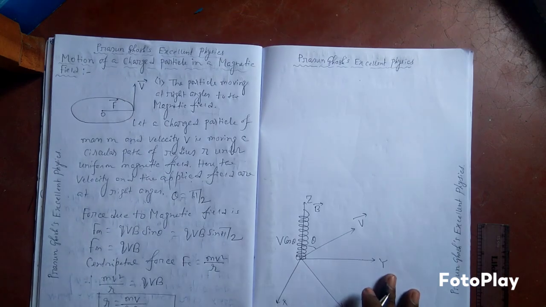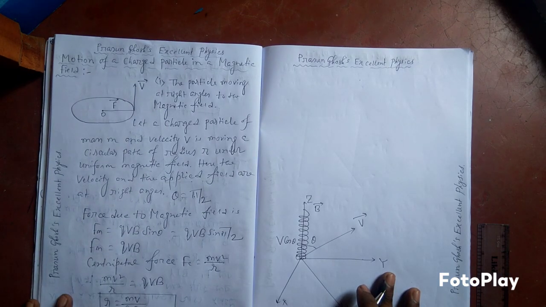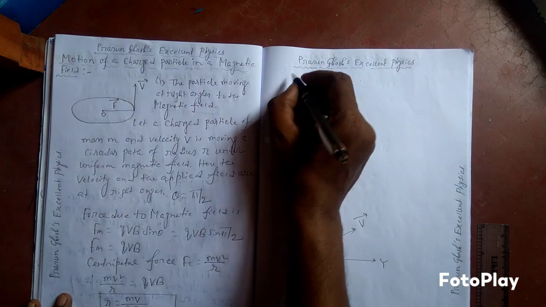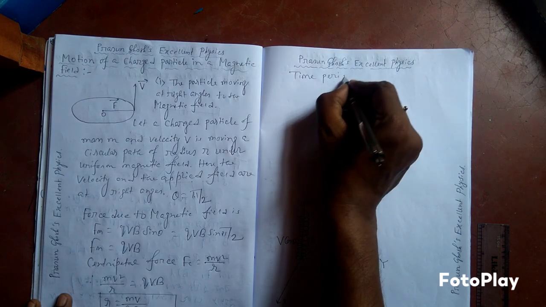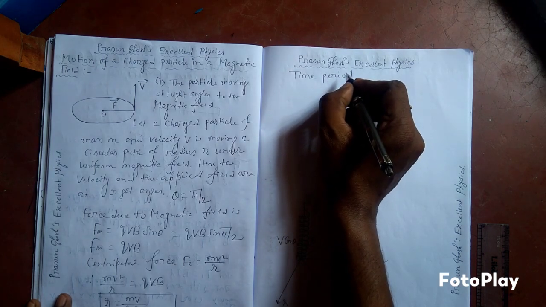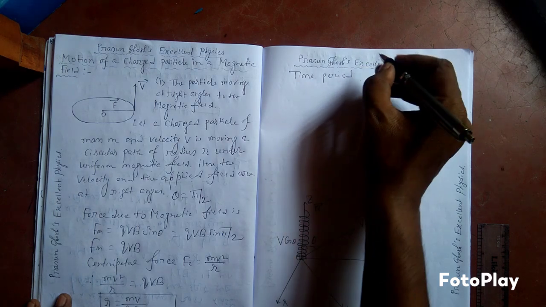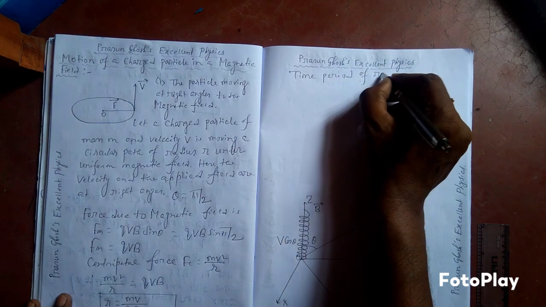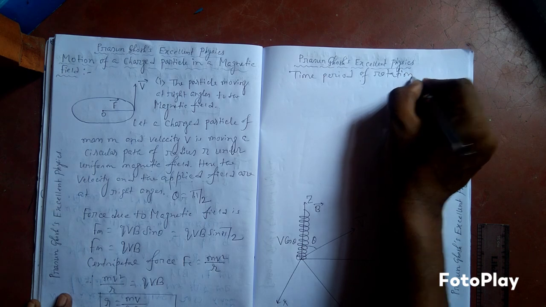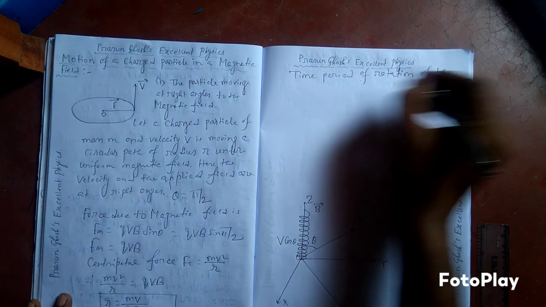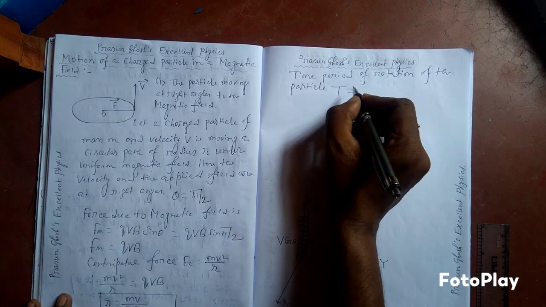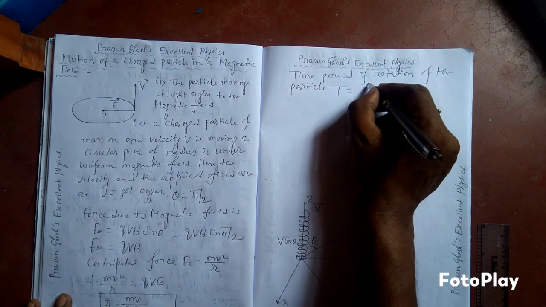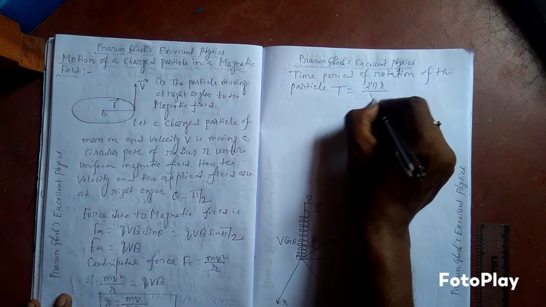So next we can write the time period of rotation of the particle, that is T equal to 2 pi r by v.